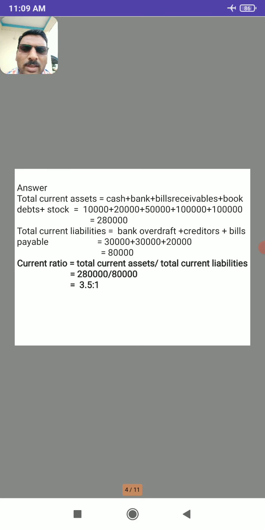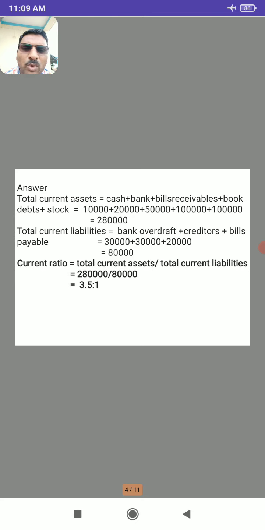Total current liabilities equals bank overdraft rupees 30,000 plus creditors 30,000 plus bills payable 20,000, so the total current liabilities are rupees 80,000. Now it is very easy to calculate the current ratio, using the formula total current assets divided by total current liabilities.